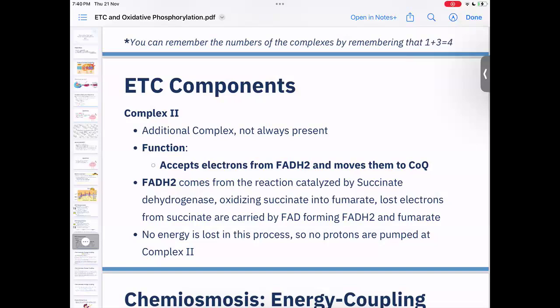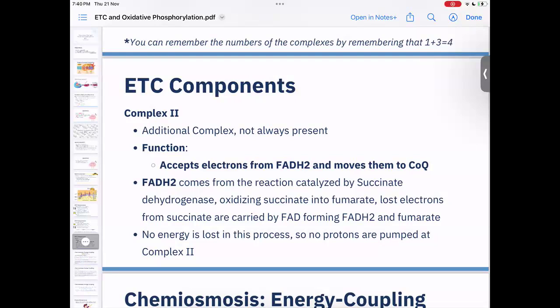And this is just some extra information about FADH2. FADH2 comes from the reaction catalyzed by succinate dehydrogenase, where when succinate is oxidized into fumarate, it releases the FADH2, because succinate loses electrons and then they're carried by the FAD forming FADH2 and fumarate. So this is how we produce FADH2, if you guys were wondering.